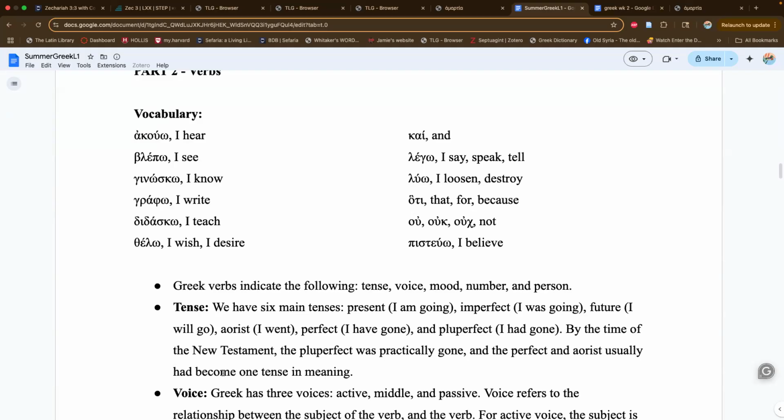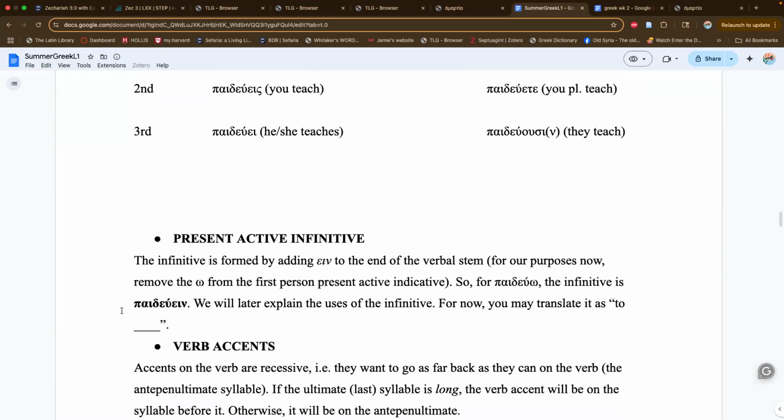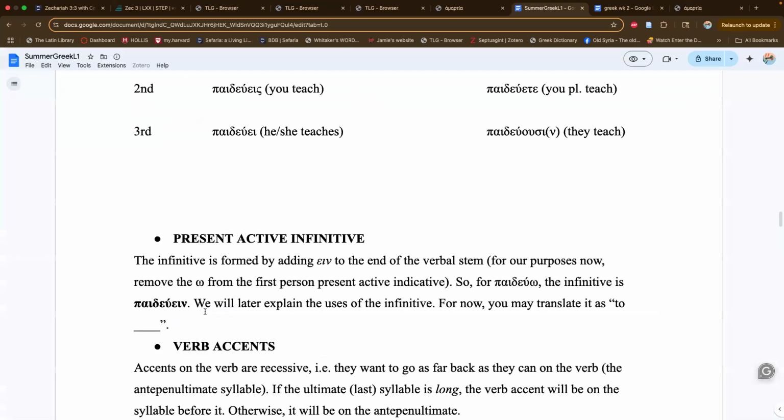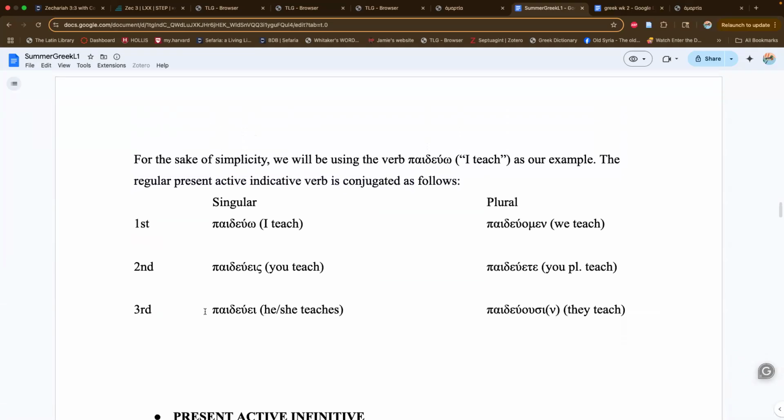Really, for these sentences, you're only going to see it with thelo. But just note that the form for the infinitive is the verbal stem plus ein.